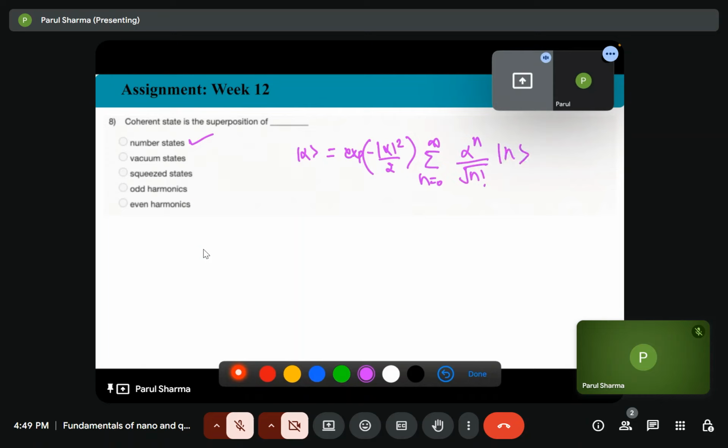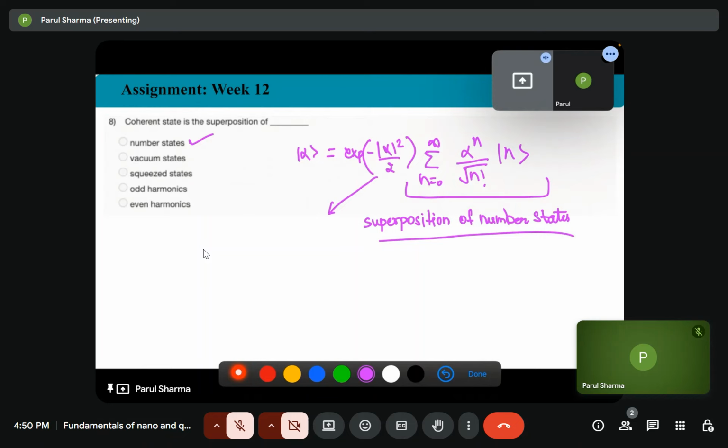So what is this representing? This is representing a superposition of the number states.